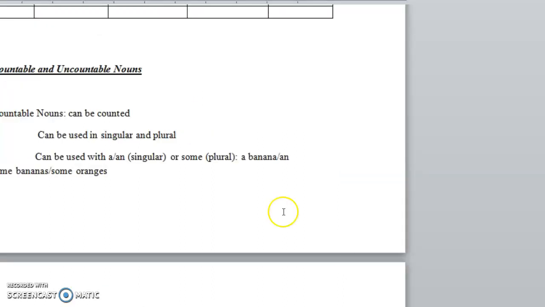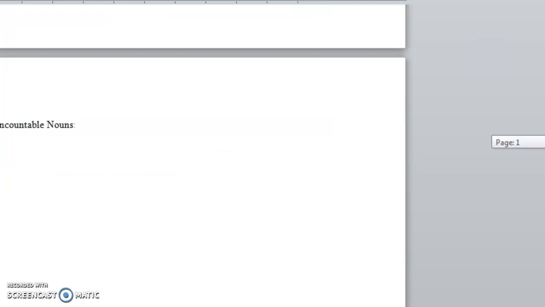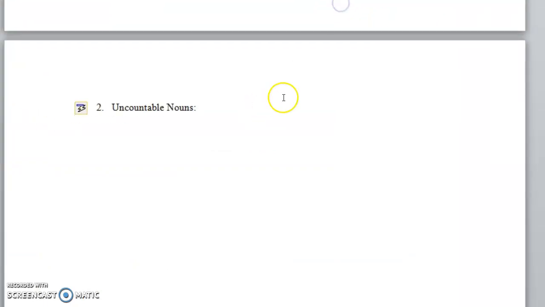So uncountable nouns, first, can't be counted, can't be used in plural form, just singular, and finally, can't be used with a or an.